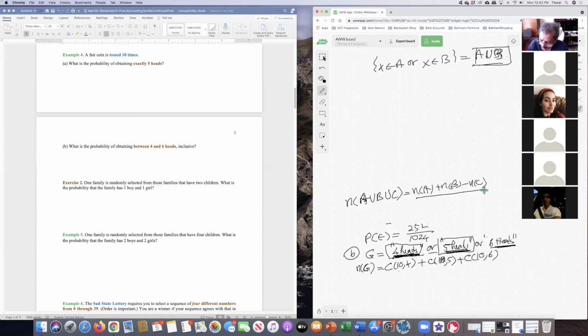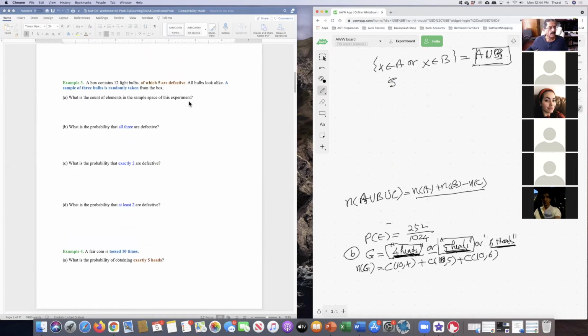Now the product came up in the problem where there were 12 light bulbs with 5 defective, and the question was exactly 2 defective, part C. I can go back to that problem. Part C says, what is the probability of exactly 2 defective?